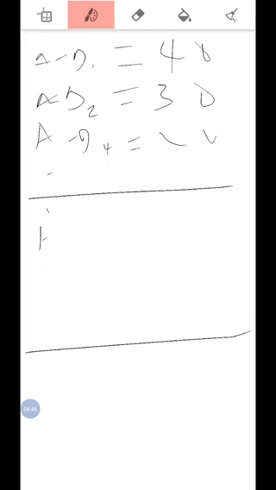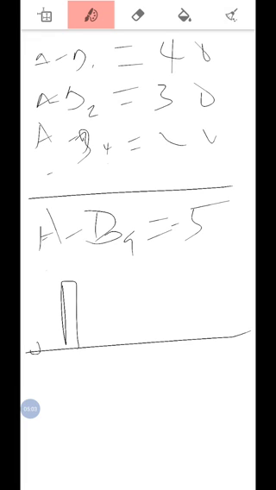So the difference between A and B in the ninth period is, let's say, 5 or minus 5. If I'm to draw a histogram, I'll draw for 40, I'll draw for 30, I'll draw for 20, I'll draw for, let's say, 10.